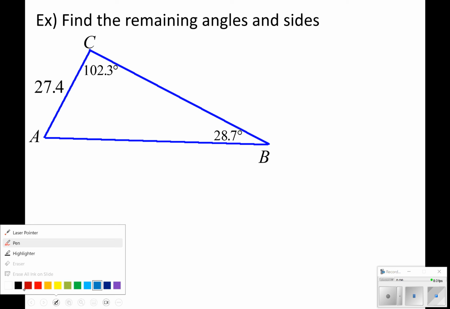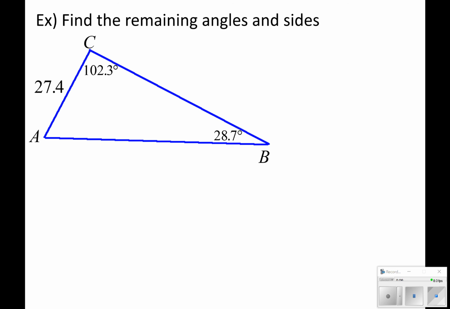As I'm talking about this, you might notice that we are missing angle A. We don't know this angle right here, so we will have to find that angle, and we're also missing side A right there. What else are we missing?